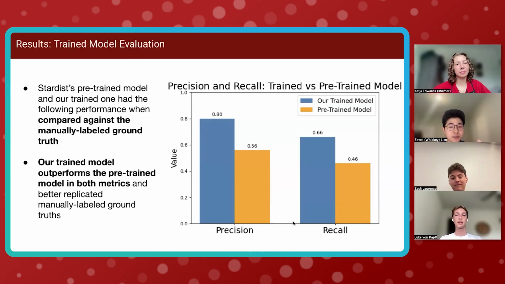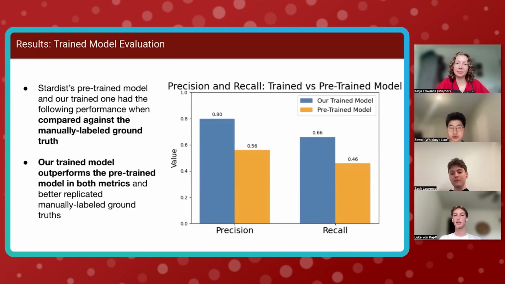So first, we compare the performance of our trained Stardust model against the out-of-box pre-trained one, because the pre-trained one will be the one that researchers would otherwise be using. As you can see in the graph, when evaluated using the IOU method that Katja just outlined earlier and using the manually created ground truth, the first important metric, precision, increased from 56% in the pre-trained model to 80% in our model.